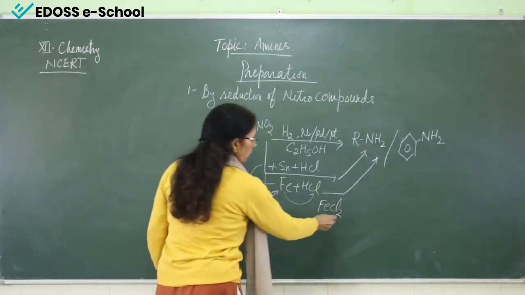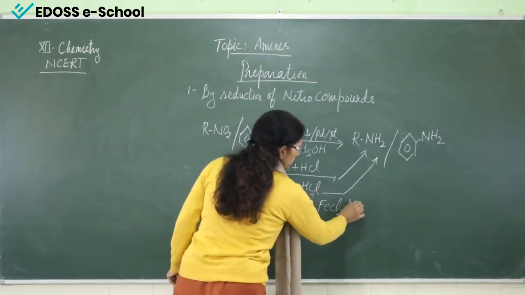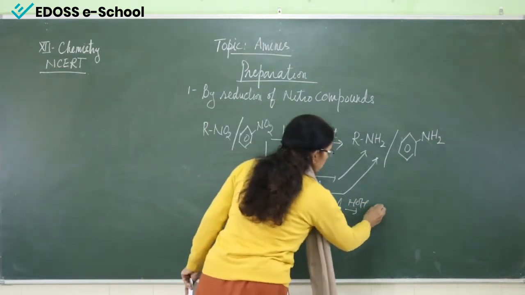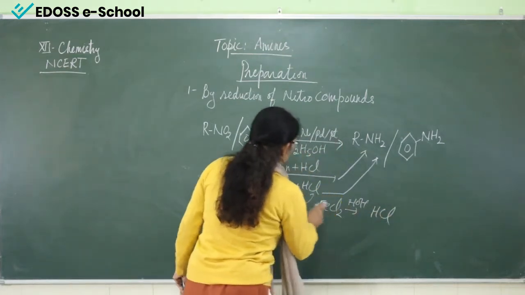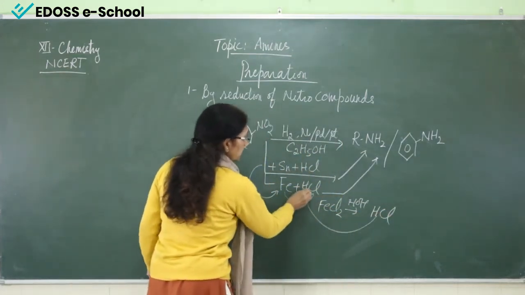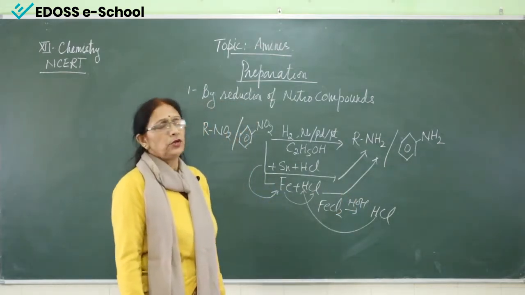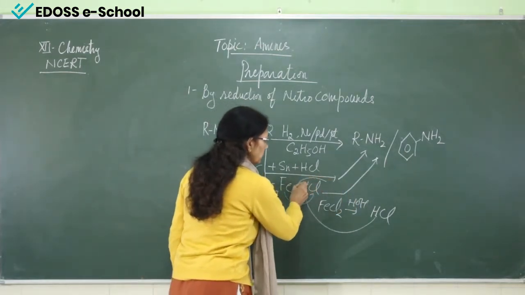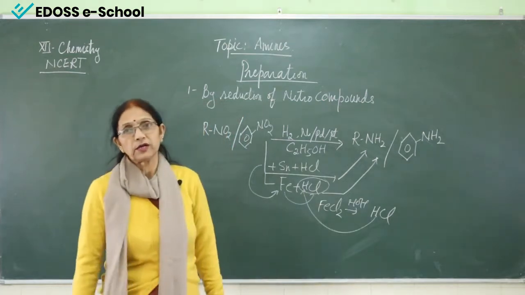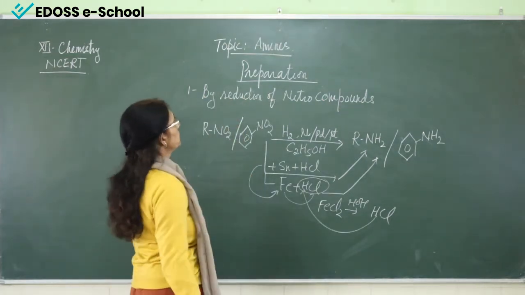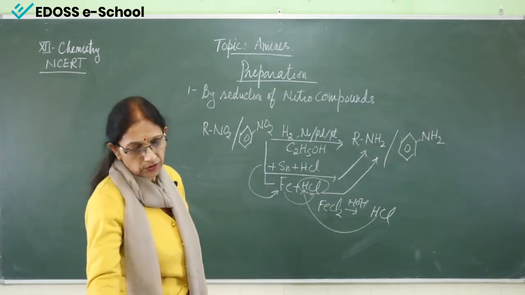On hydrolysis, this FeCl2 gives out HCl, and the same HCl that is needed in the reaction we get from FeCl2. So a very little amount of HCl is needed for the initiation of the reaction. So this is our first preparation, by reduction of nitro compounds.